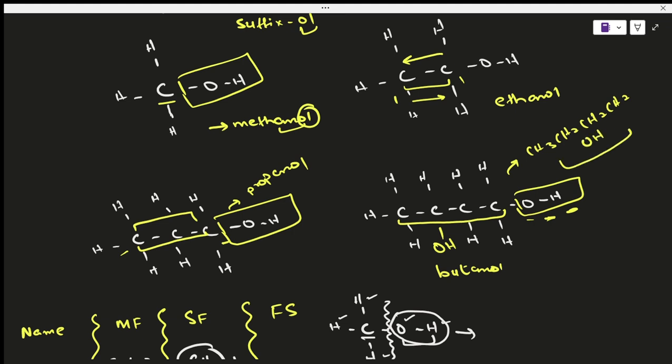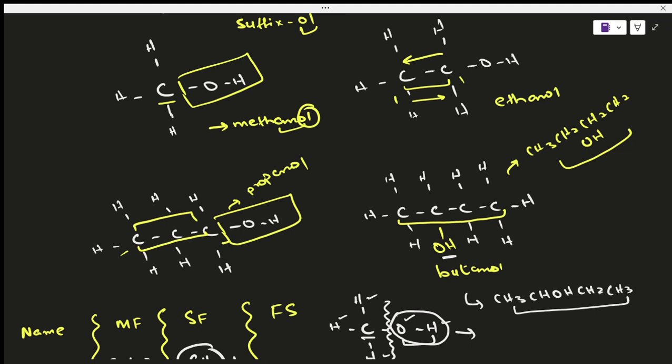But if this OH was at this place, and here you had an H, the structural formula is going to change. It's going to become CH3, CH, OH, CH2, and a CH3. Now you see, the molecular formula remains the same, but the structure now differs, right?